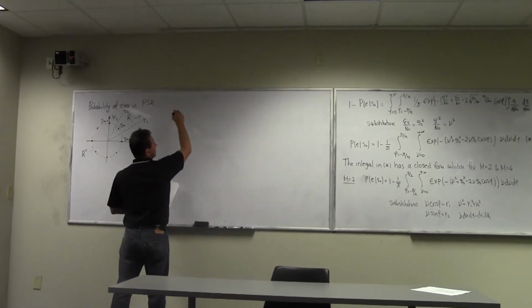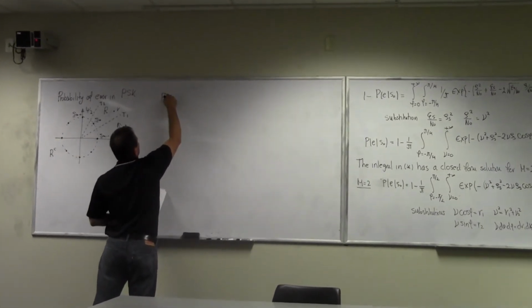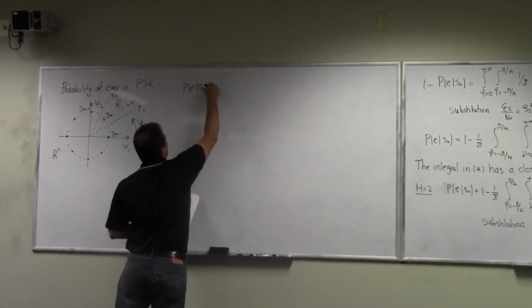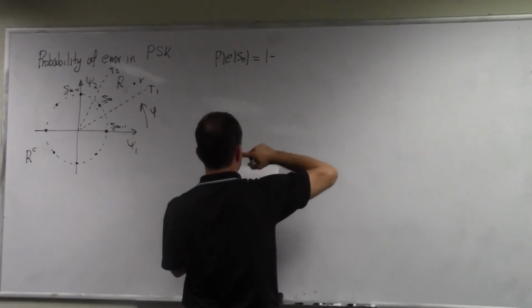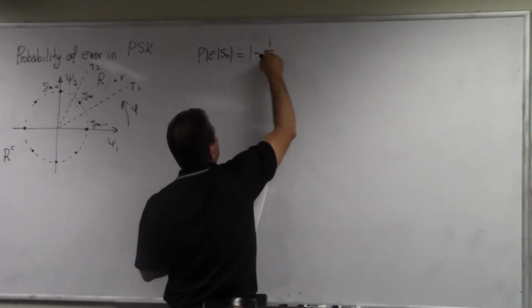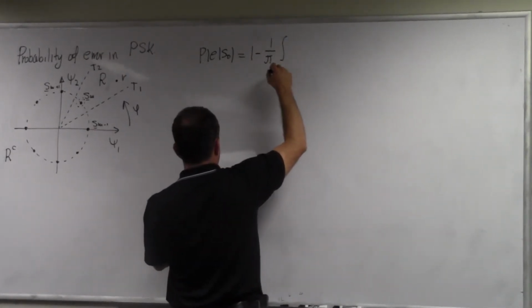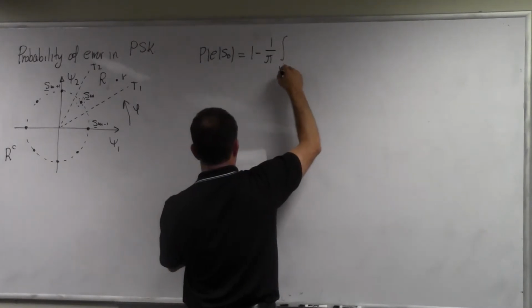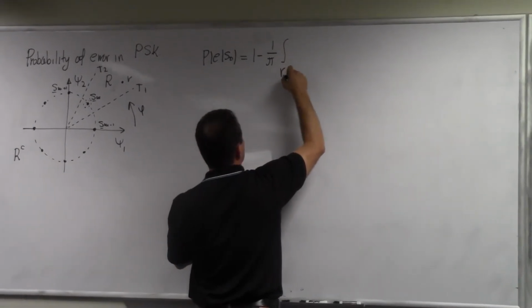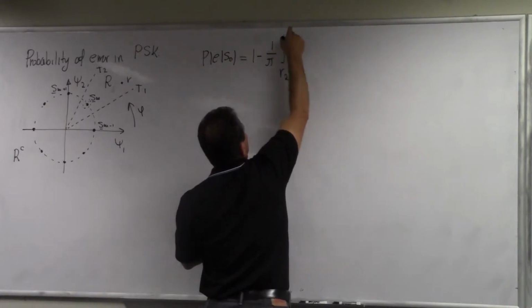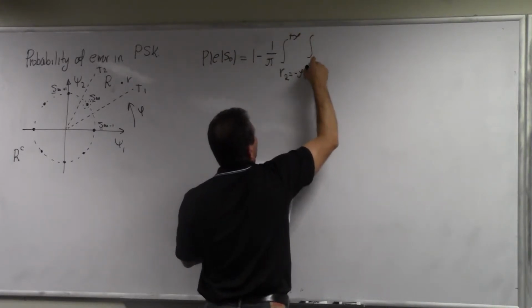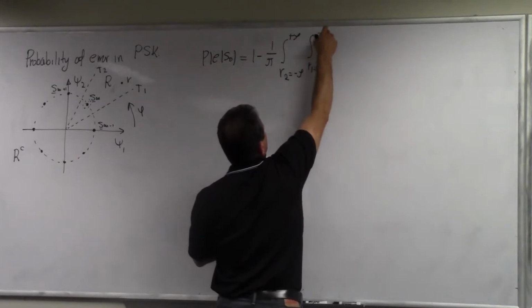So if you do that, you get the probability of error given s0 is going to be equal to 1 minus 1 over pi integral when R2 goes from minus infinity to plus infinity, and R1 goes from 0 to plus infinity.